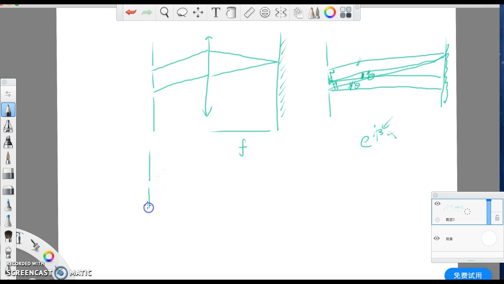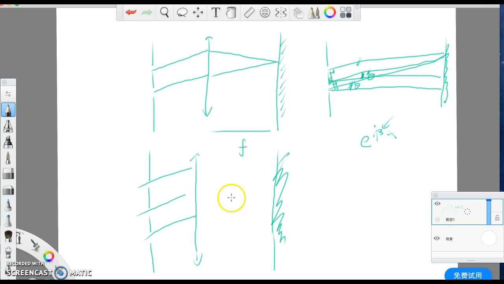So say you have three slits, and here is the screen. You have a lens.